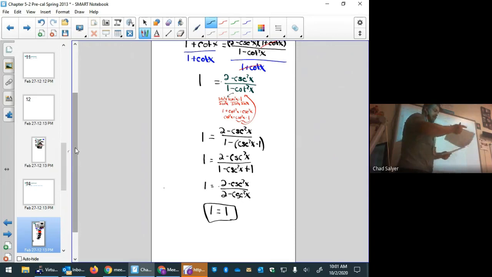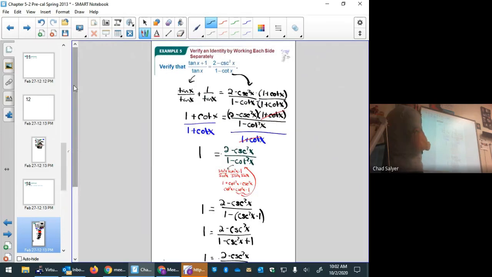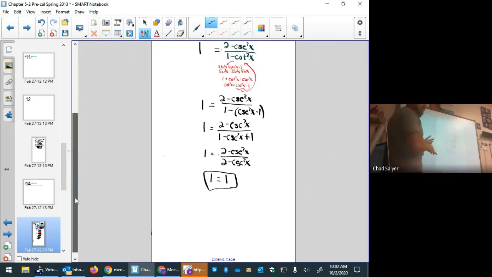There's literally 1,000 different strategies we could have used there. This is just one. And it's not even exactly in keeping with what they said, work them separately. Well, here I divided both sides by something, so that kind of violated that premise, but whatever. Don't pull your punches with these problems.